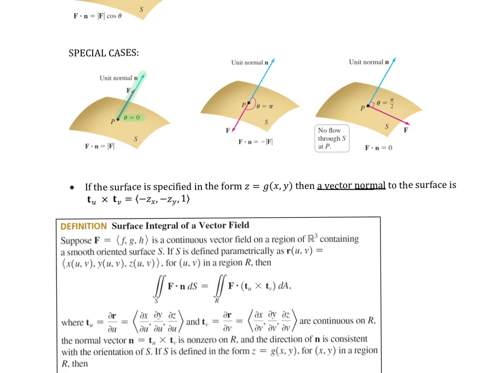So when we do our dot product, it will simply be the magnitude of F. In the case where our normal vector and our vector in the vector field are in opposite directions, theta is pi, and cosine of pi is -1. So the dot product is going to be the negative magnitude of F. And the other special case would be if the vector from the vector field and the normal vector at the point are orthogonal, so theta is equal to pi over 2, and the dot product of orthogonal vectors is always 0.